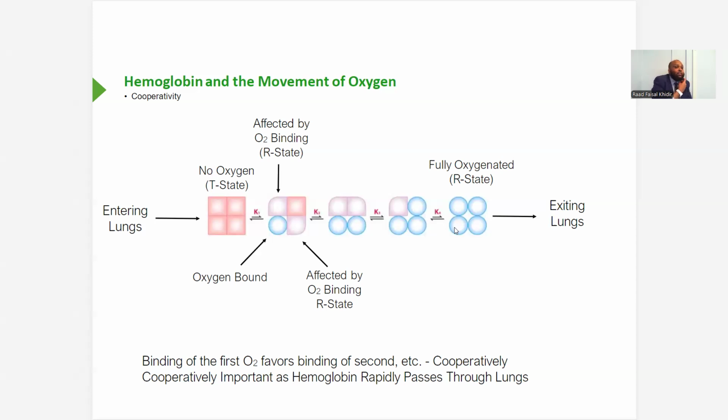When the hemoglobin gets there, it has no oxygen. That's T. When it unloads all the carbon dioxide and picks up oxygen with cooperativity, one binds, the second binds, the third binds, the fourth binds, then it becomes R. So T means no oxygen, not saturated with oxygen. And R means you are fully saturated with oxygen. You see? T and R.